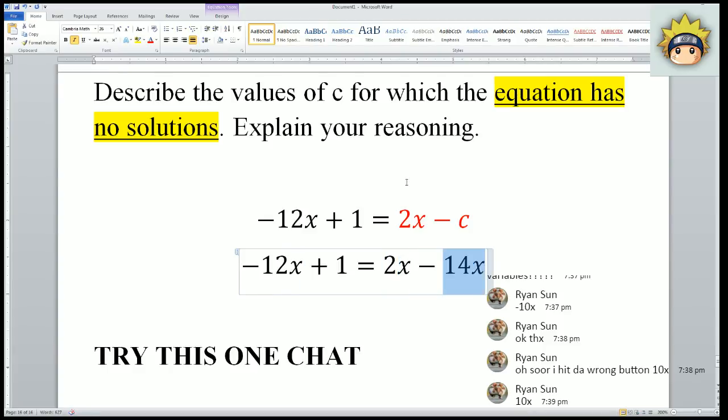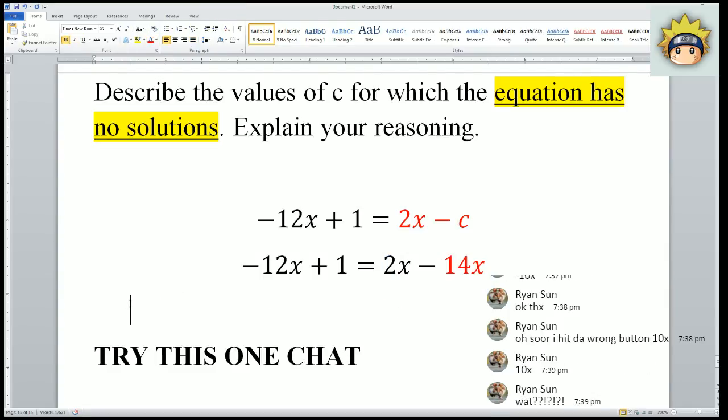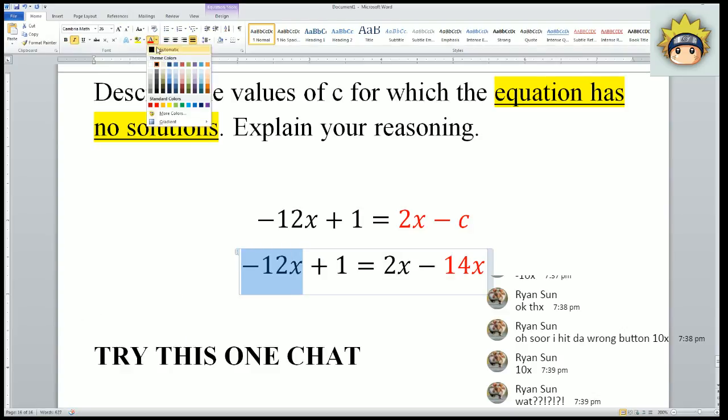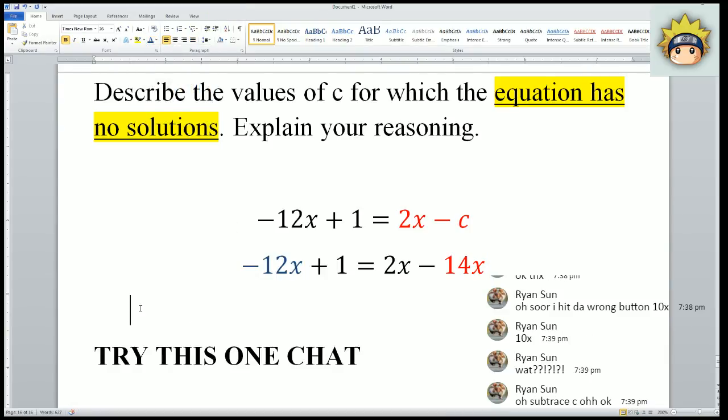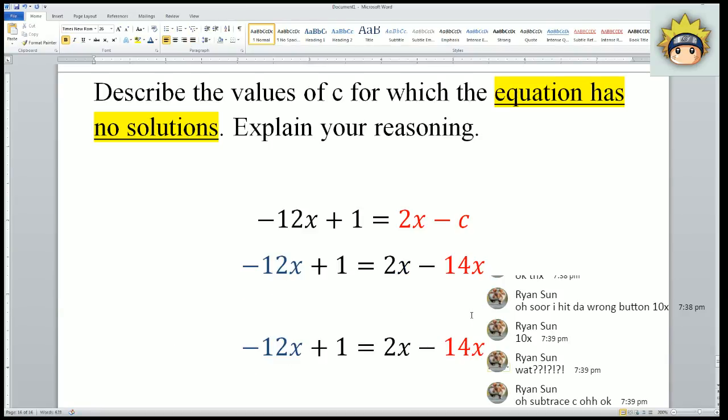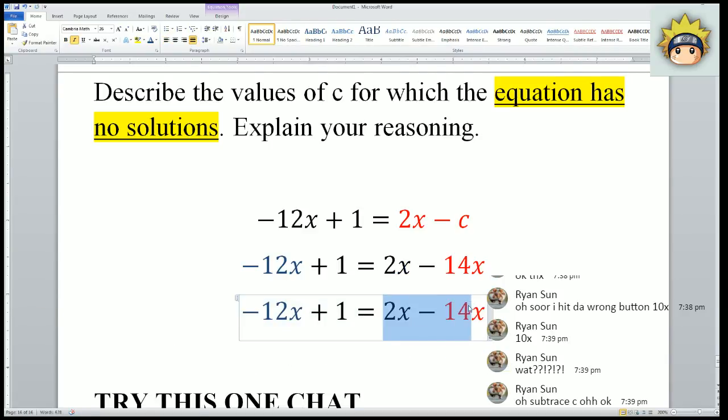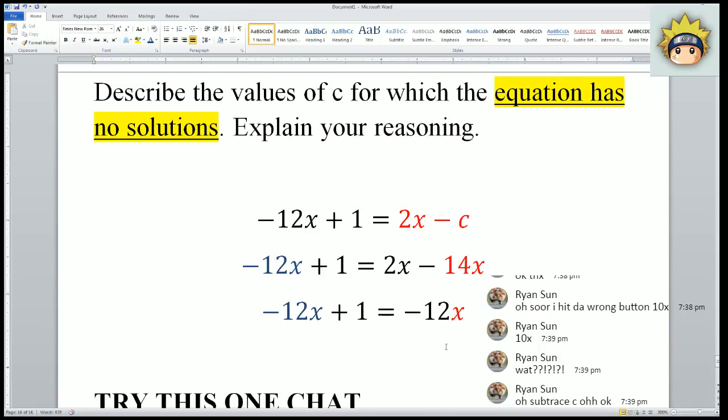It's negative 14x, because what is 2x minus 14x? Oh my gosh, Ryan, you don't know how to do negatives? How do you make negative 12x? 2x minus 14x becomes negative 12x. Do you see that?